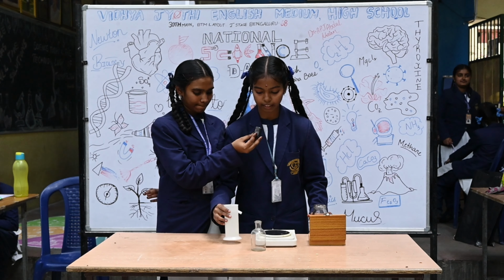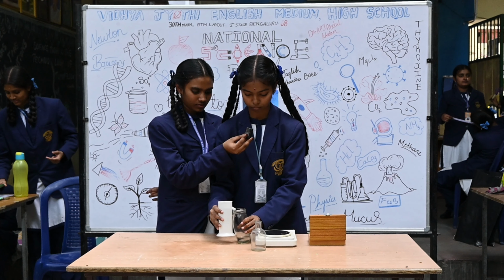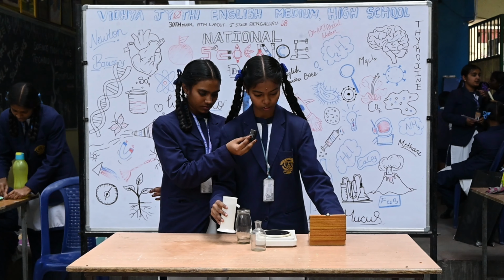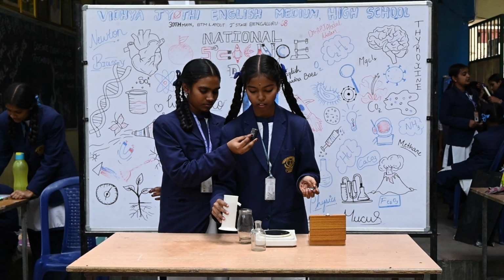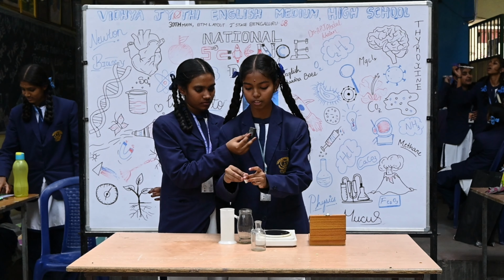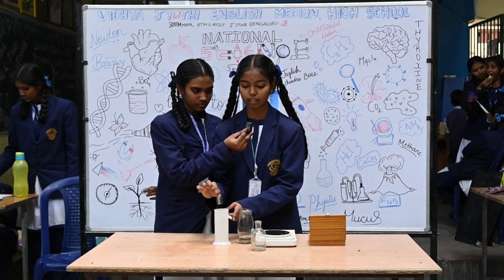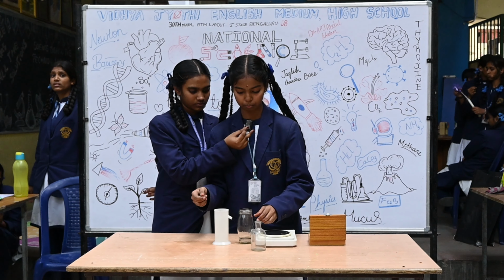So after the calculation, we are taking 100 grams of this weight, and now we are going to put this inside this water glass, so the water comes out, and we are going to collect that water which comes out.